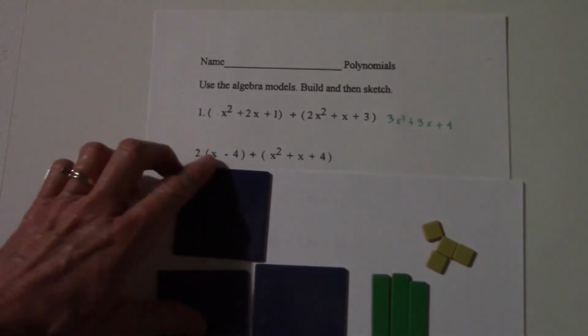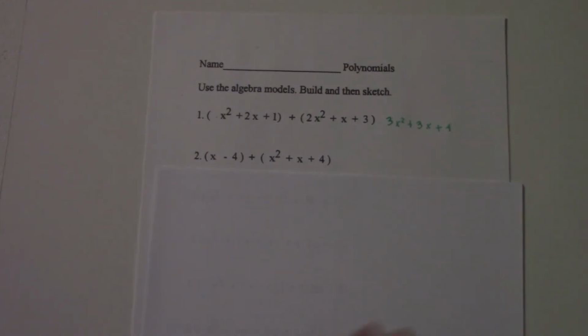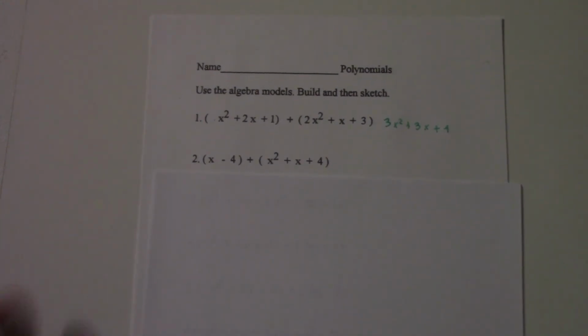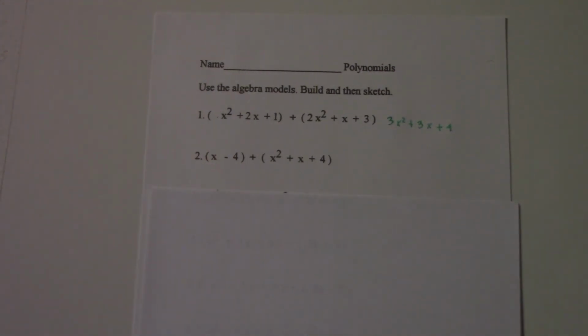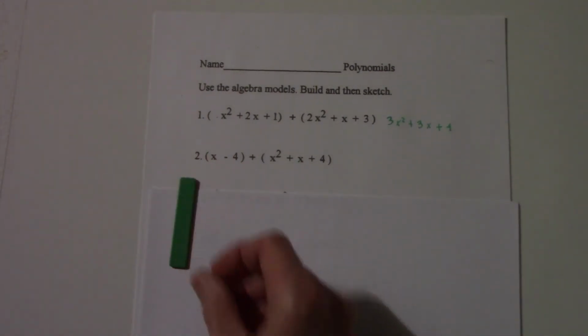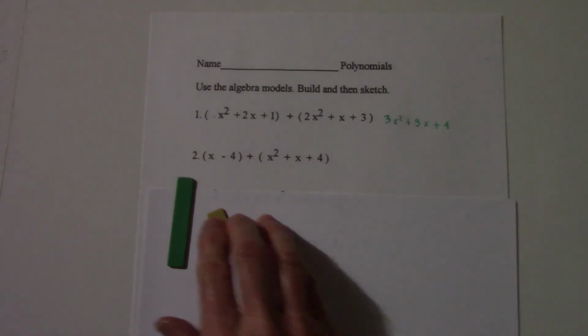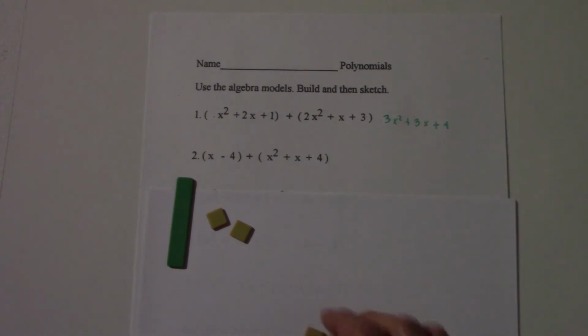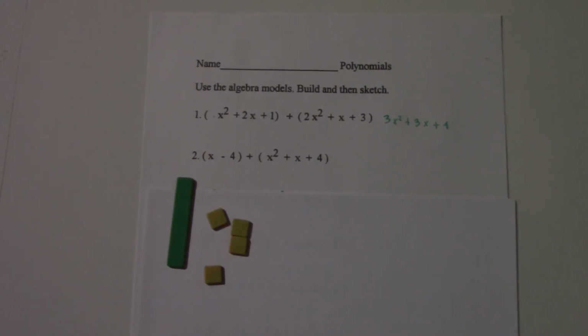Okay, let's look at the next example. We have x minus 4, which I'm going to build as x, and when we had the minus 4, I'm going to change that right away to plus a negative.